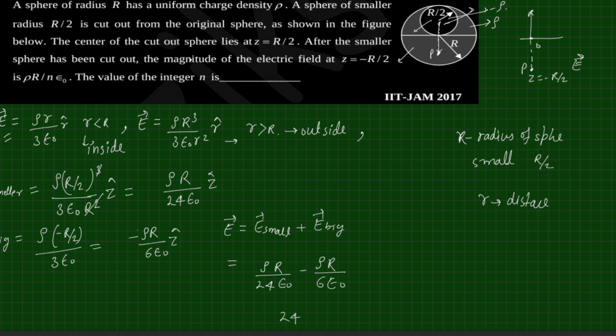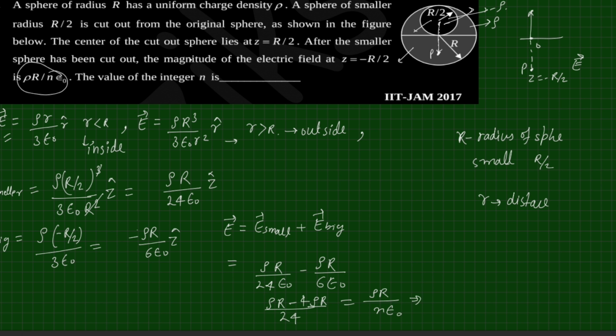So with 24, that will be rho R minus 4 rho R, and this electric field is given as rho R over n epsilon naught.